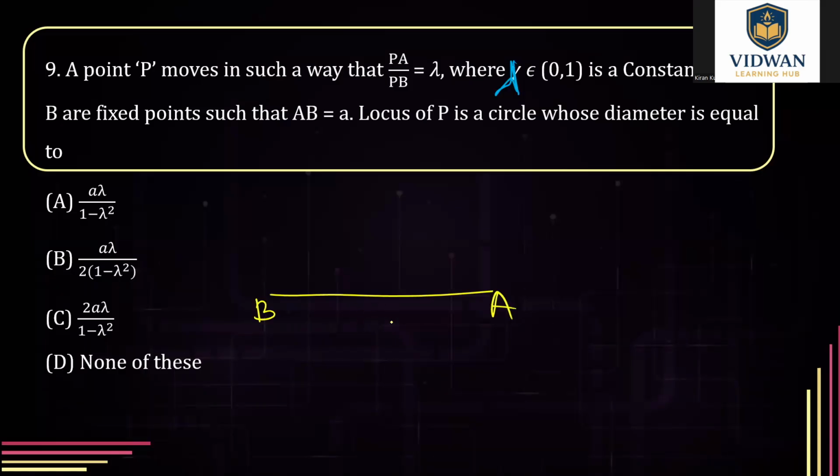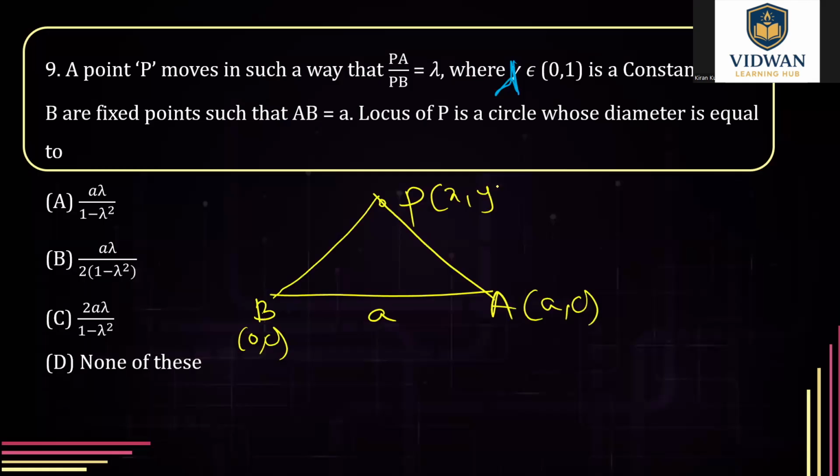So you can choose the origin somewhere. P is a moving point. Since this distance is A, I can choose the origin at B or at A also. Suppose I choose 0,0 here, this will become A,0. And this is some x comma y. Then you just use that PA is lambda times PB.